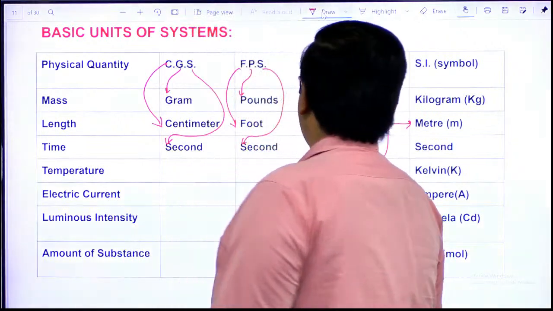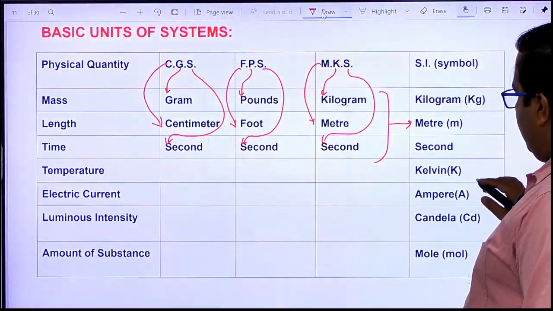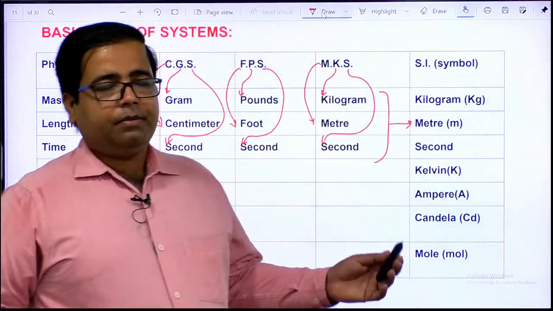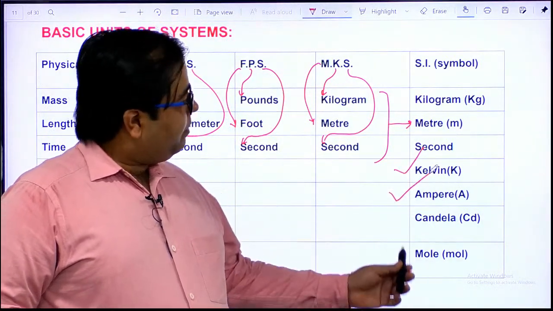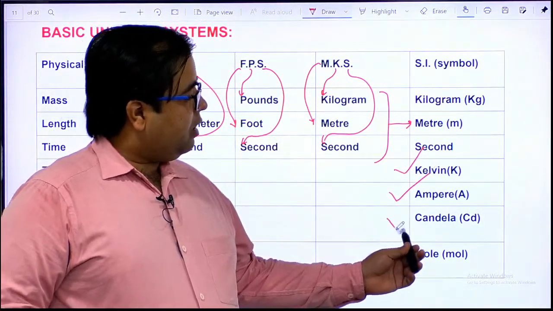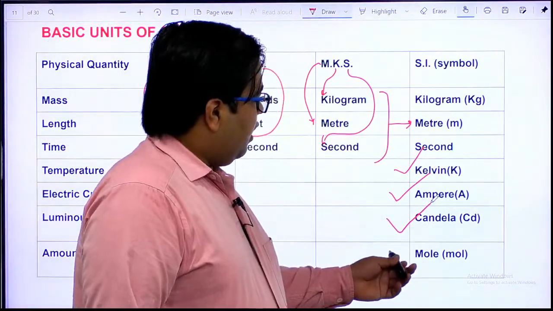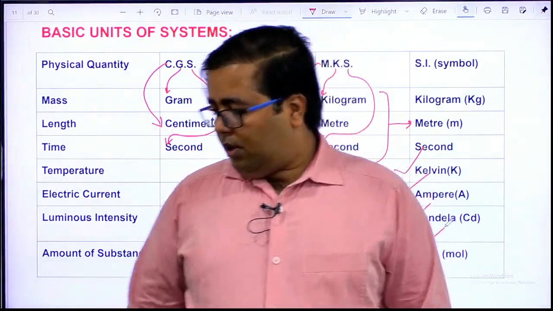The unit of temperature we take as Kelvin, current we take ampere, candela is the unit of luminous intensity, and the unit of amount of substance is mole.